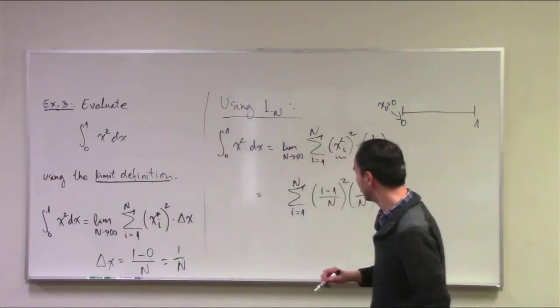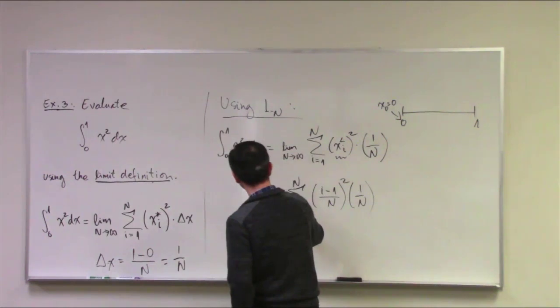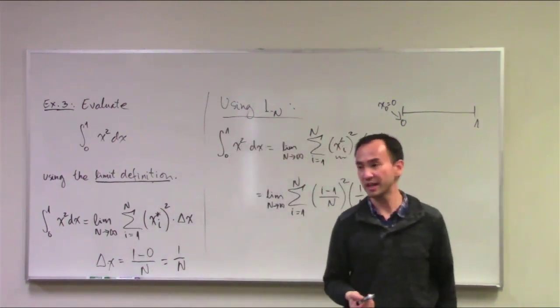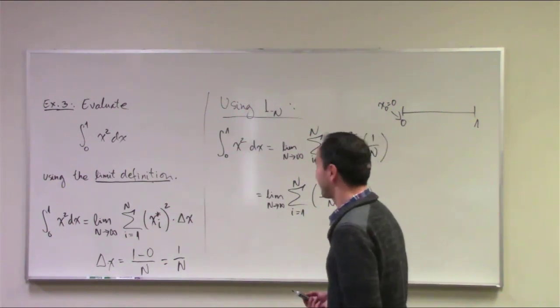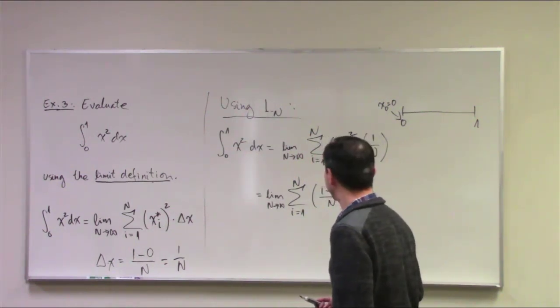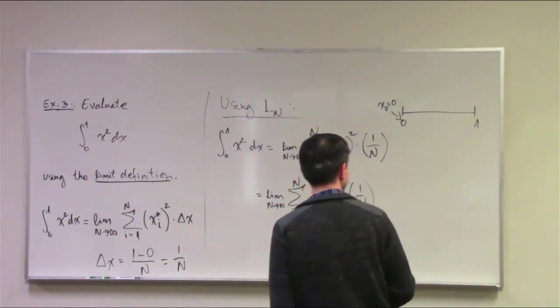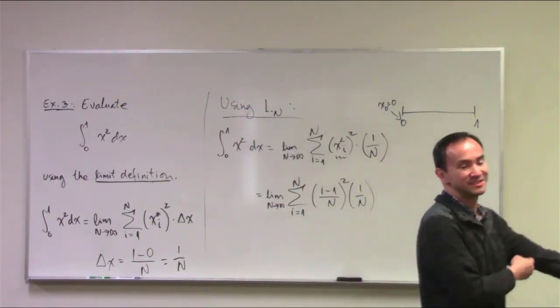And then we want to take the limit as n goes to infinity. Sound good to you? Okay. Go ahead, take some time to get yourself caught up with the work I'm doing up here.